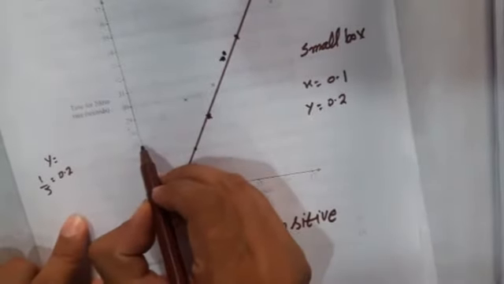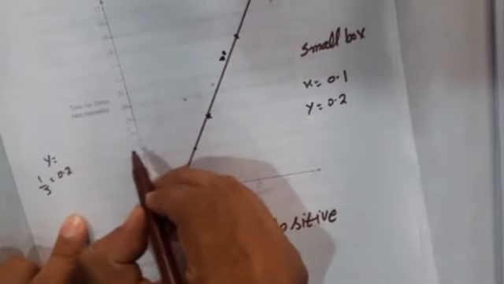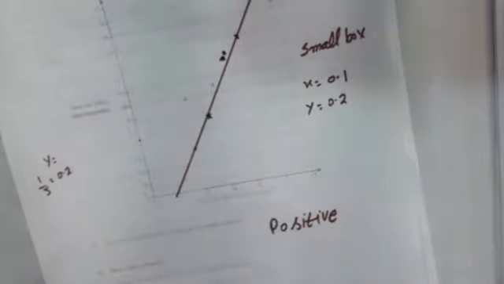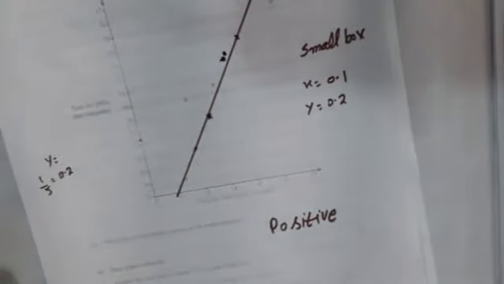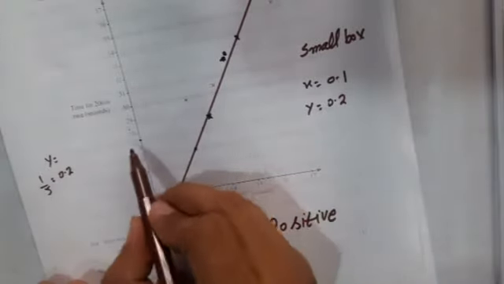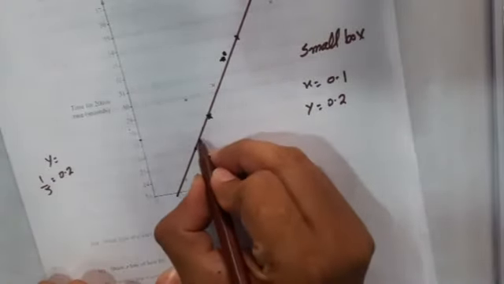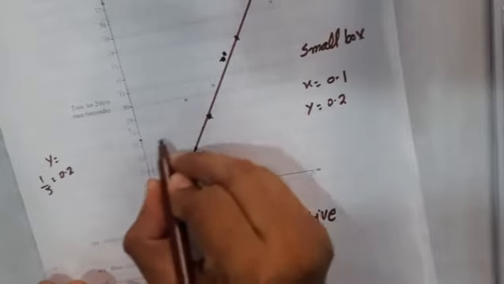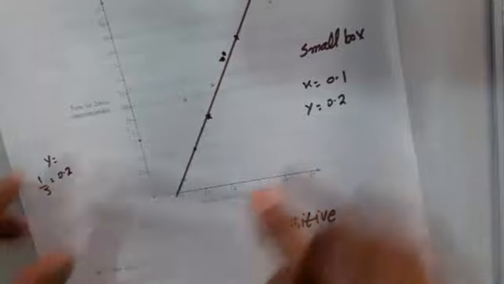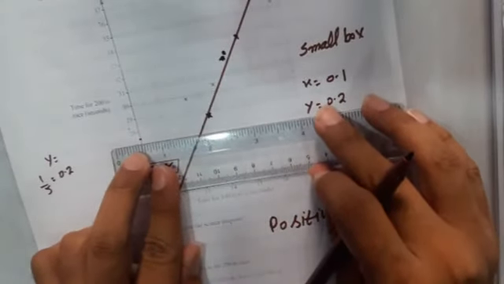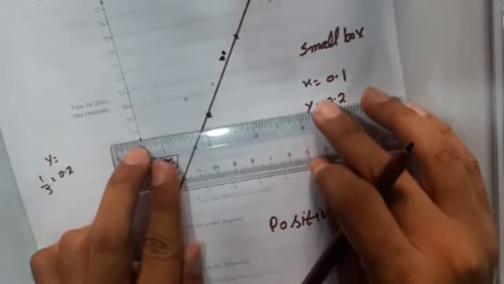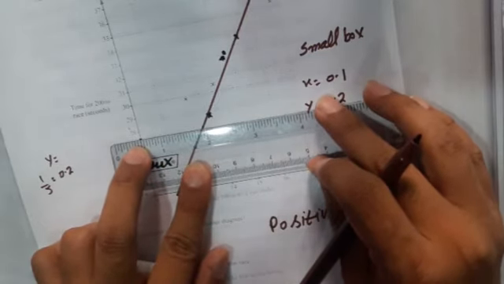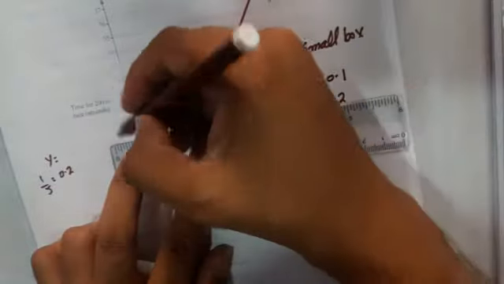One box represents 0.2, so 1, 2 and a half. We will place the ruler here, 1 box, 2 boxes and 0.5. This will cut approximately here.